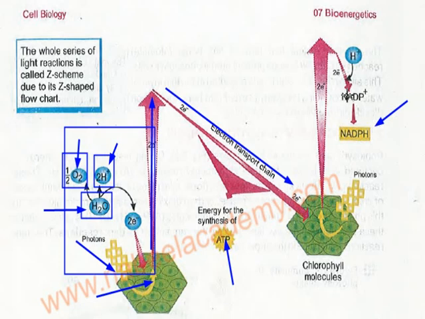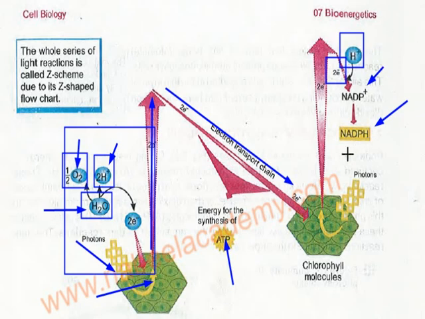Understand? So NADP is already present in the cycle. To convert NADP into NADPH, we need what? We need this hydrogen, and we need two electrons also. So these two things combine with NADP and they make NADPH in the presence of light.